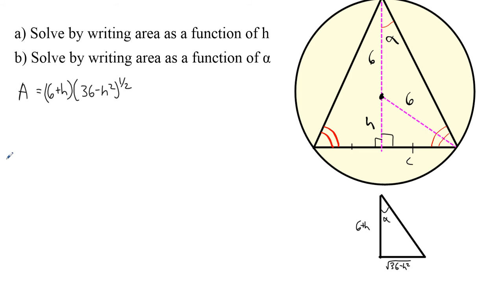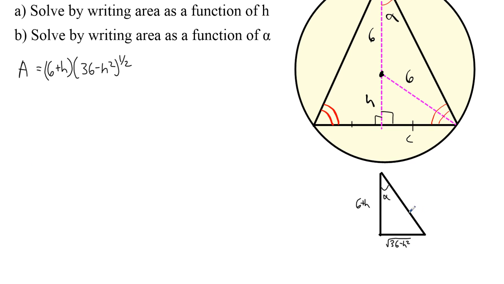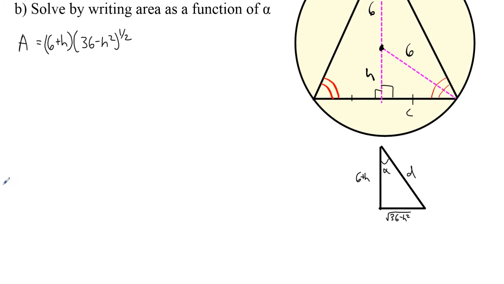All right. So if I want to use this angle to represent all of these sides, I need to know this third side in terms of what I have for h. I can't call it a or b because I've already used that. So let's call this side d just for right now. And so (6 plus h) squared plus the square root of 36 minus h squared, squared, is equal to d squared.